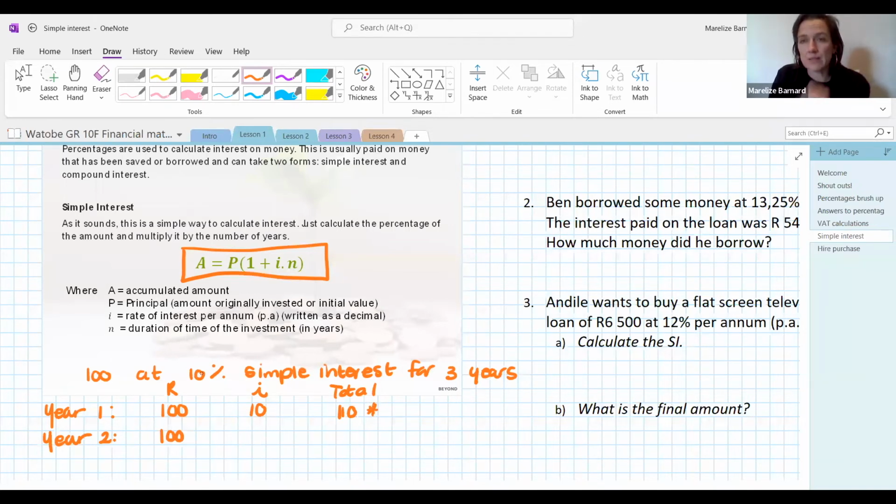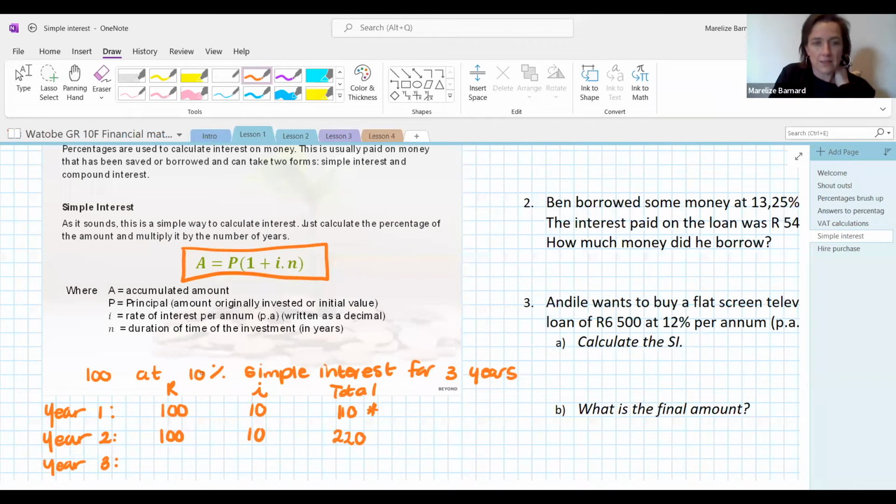That's why compound interest is interest on interest. But if you're doing simple interest, you're still just going to get 10 Rand because you're putting 100 Rand away. And then how much money do you have at the end of your second year altogether? 220. Okay.